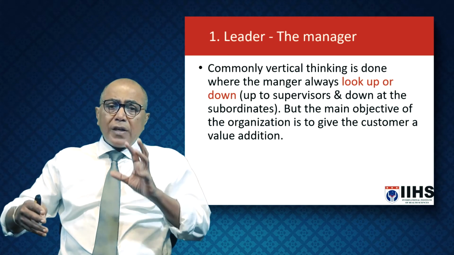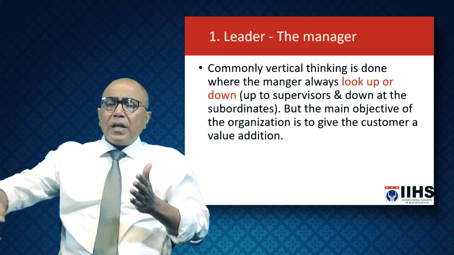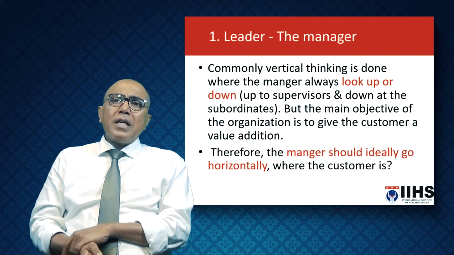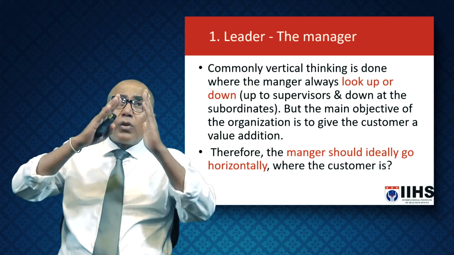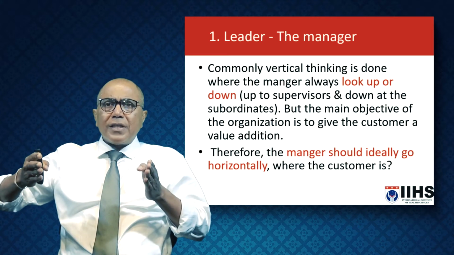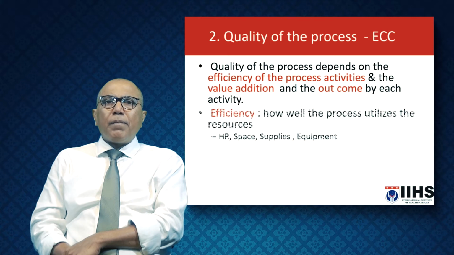Leadership is very important, so that they push all the processes very smoothly as your requirement. So they would not look up and down, but look horizontally in terms of the process, right?